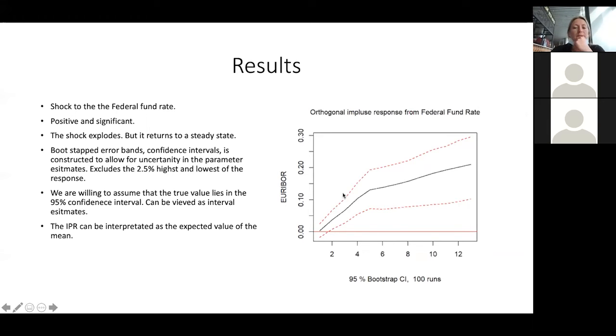So this is stating that a 1 standard deviation shock to the federal funds rate leads to a positive response, an increase in the Euribor rate. The problem is that the shock doesn't die out. It should die out, but it explodes. It might be due to problems with stationarity.